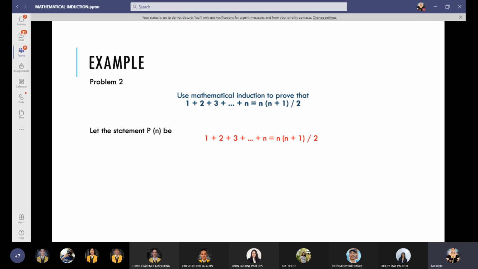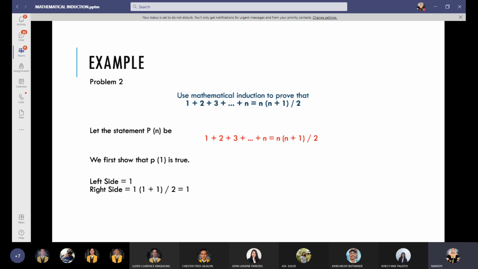So we have here, let the statement P of n be 1 plus 2 plus 3 plus 4 plus 5 until n is equal to n times n plus 1 divided by 2. Meaning, we need to first show that P of 1 is true for that particular statement.